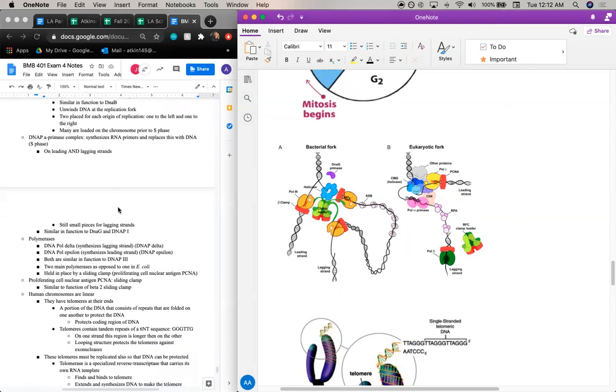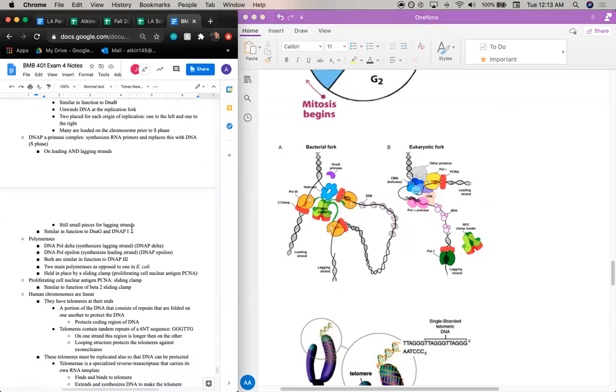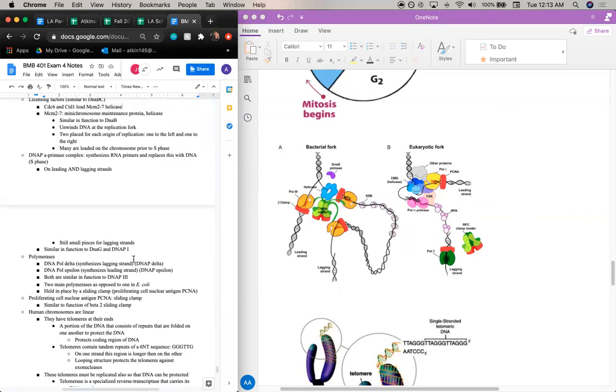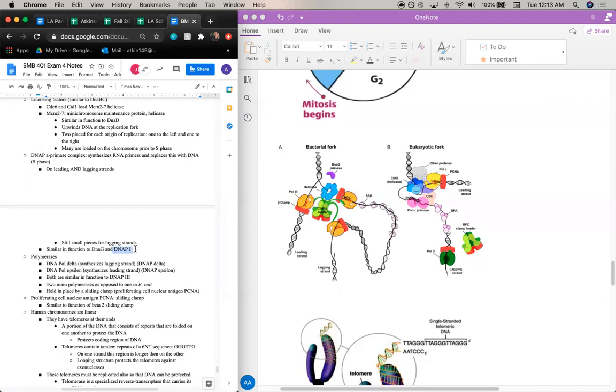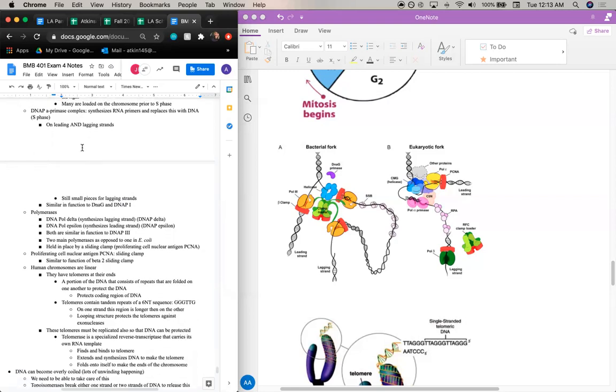That is similar to what we saw in DnaG and DNA Pol I. And again, like we saw in eukaryotic replication, there are still small pieces for the lagging strand, because even in eukaryotic replication we're still encountering that same lagging strand difficulty.